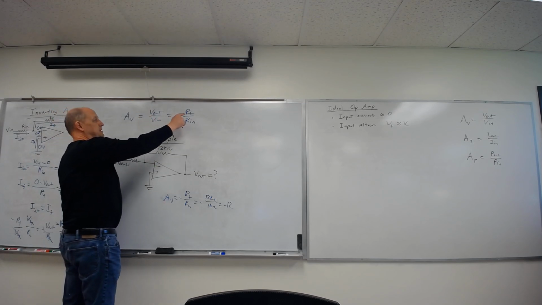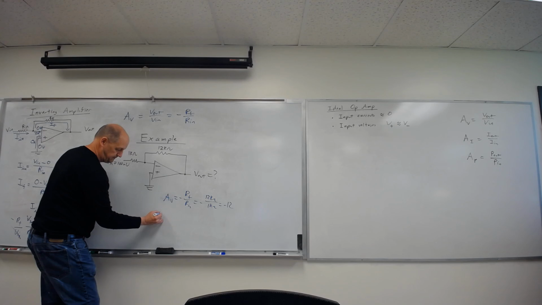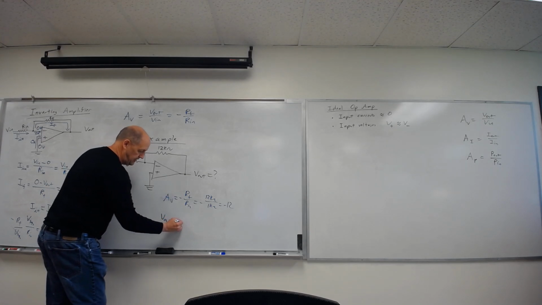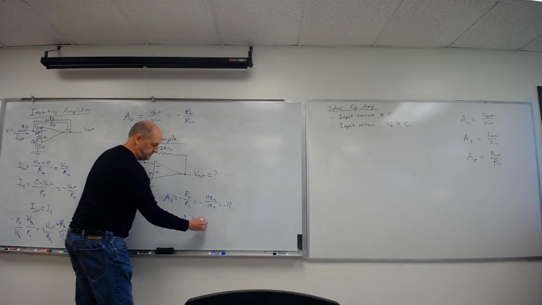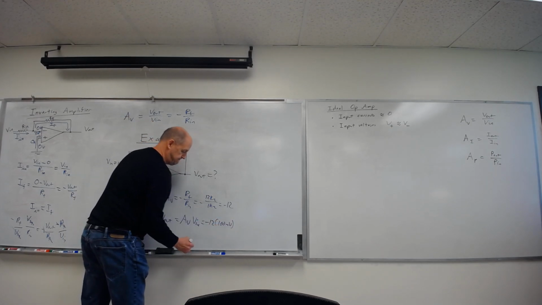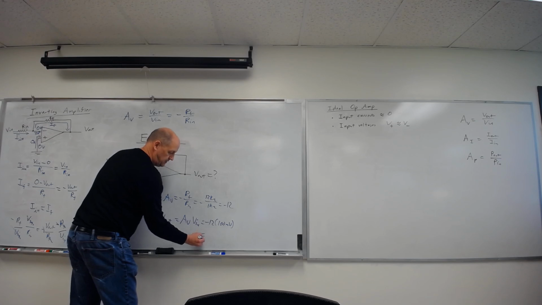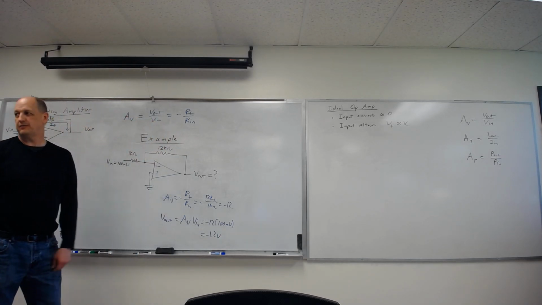Output over input equals the gain, therefore the output equals the gain times the input. V out equals gain times the input, which is minus 12 times 100 millivolts, which is minus 1.2 volts, right? 100 millivolts is 0.1 volts.